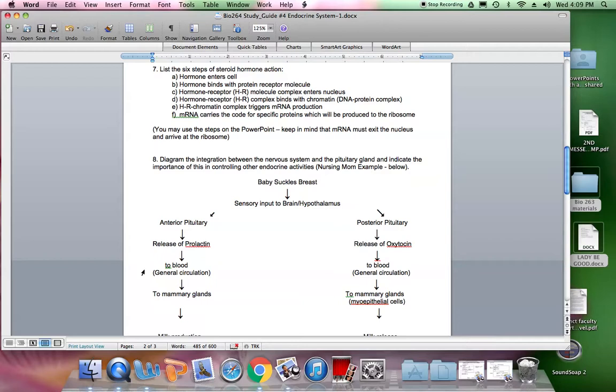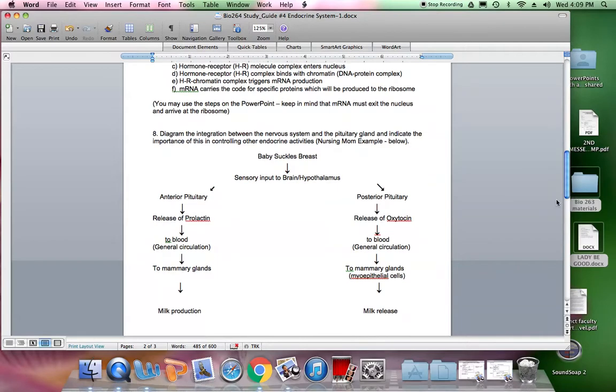Now, prolactin goes into general circulation to the bloodstream, reaches the mammary glands, and then that is going to stimulate milk production by those mammary glands. At the same time, the hypothalamus, directly from that cluster of neurons that produces oxytocin, will cause those cells whose axons are in the posterior pituitary to release oxytocin.